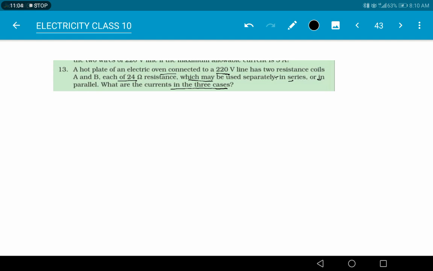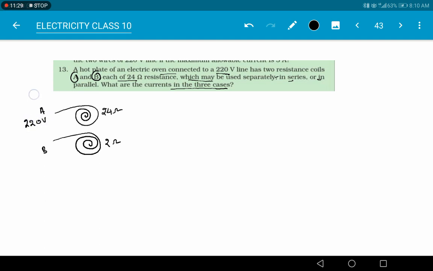So two coils are there, coil A and coil B, each of resistance 24 ohm. This is of 24 ohm, this is of 24 ohm. So they are connecting to a 220 volt source.